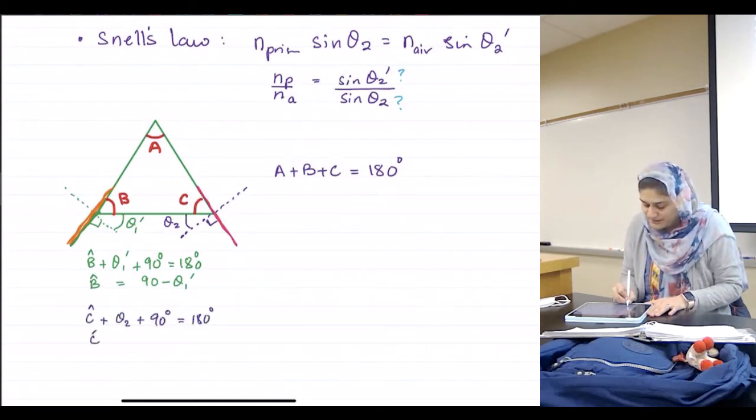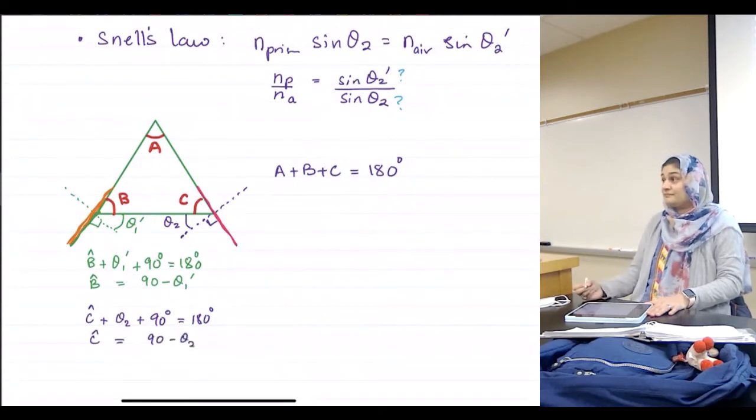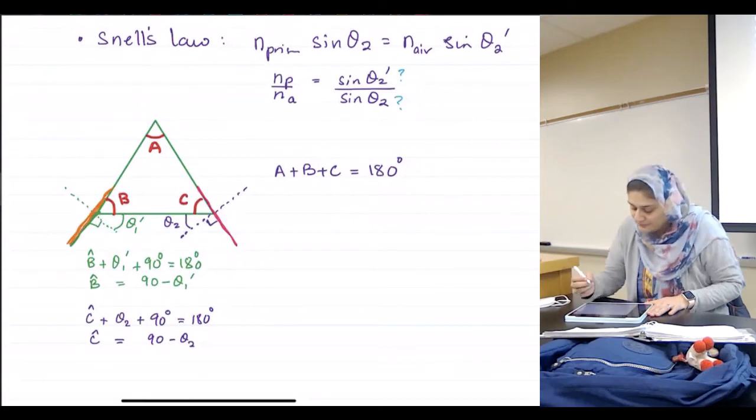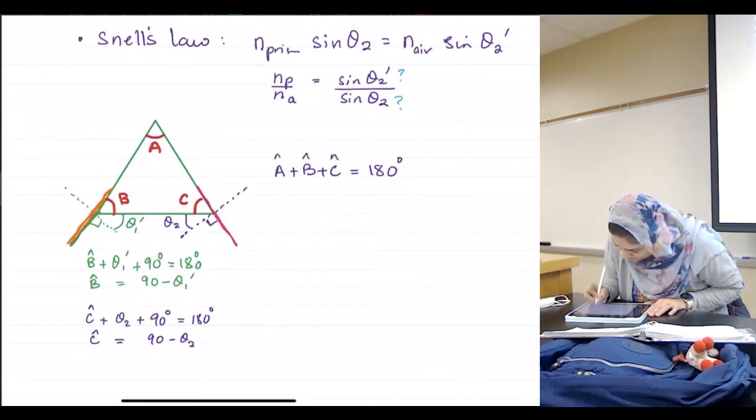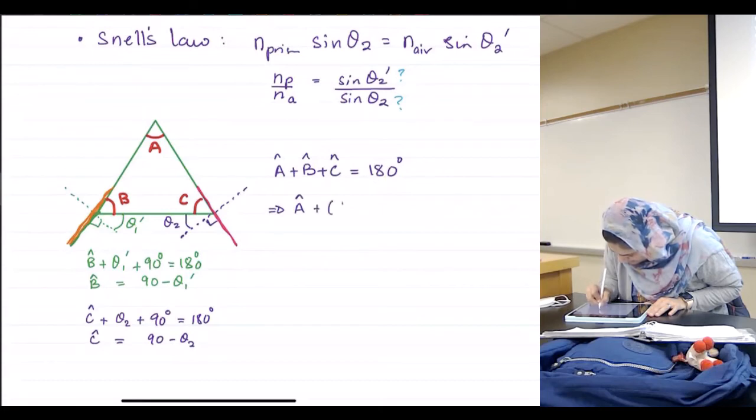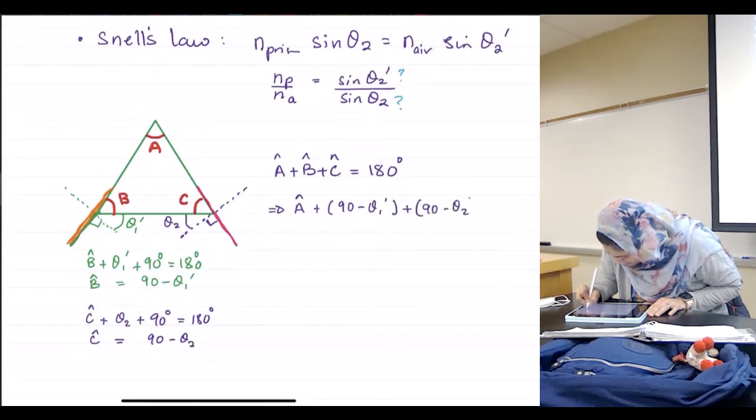And then may I write C as 90 minus theta 2? And may I plug all of these in here to get A hat plus 90 minus theta 1 prime plus 90 minus theta 2, that's A prime, equal 180.